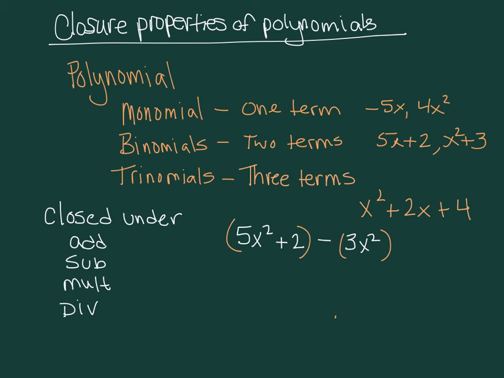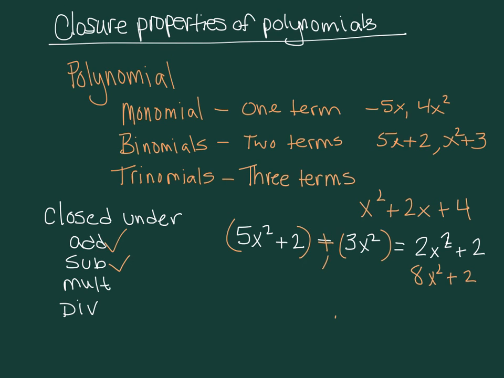Because of these two, if I combine the x squareds, I'm going to get 2x squared plus 2, right? And this result is actually a binomial. So therefore, it's closed. Actually, this is closed under subtraction, so I jumped over to subtraction there. But in the same respect, if I just turn this into a plus sign, the result would then be 8x squared plus 2, and so we know it is also closed under addition.